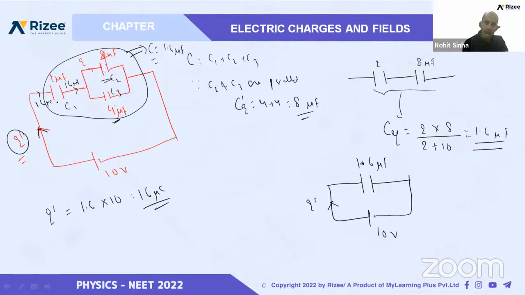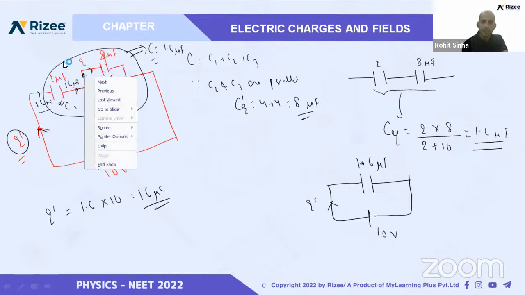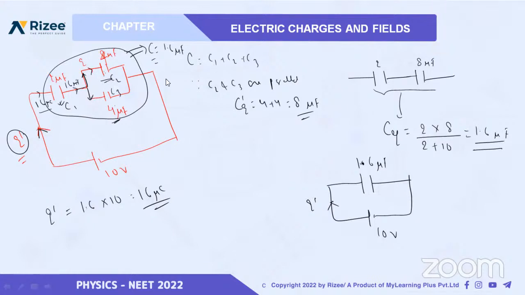If the charge through C1 is asked, it will be 16 microcoulomb, but here it is asking something else. This charge will come here and get separated here and here. How will they get separated? It depends upon the value of capacitance. Since the values of capacitance are the same in both branches, you can see here, the 16 microcoulomb will get distributed 8 here and 8 here.